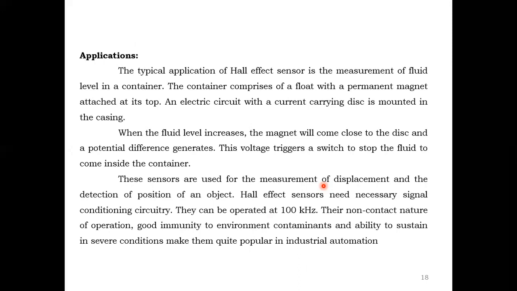These sensors are used for the measurement of displacement and the detection of position of an object. Hall effect sensors need signal conditioning circuitry, and they can be operated at 100 kilohertz. Their non-contact operation, good immunity to environmental contamination, and ability to sustain several conditions make them quite popular in industrial automation.